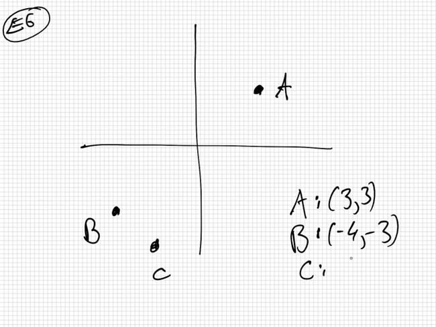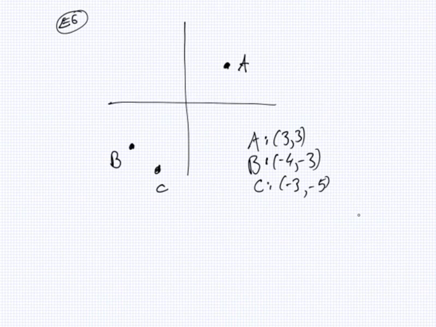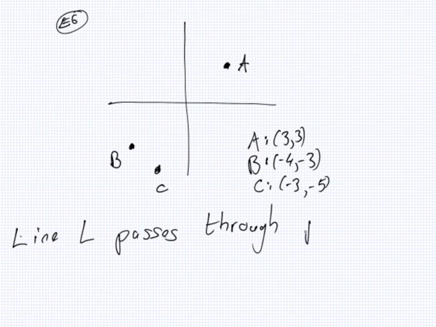Let's calculate. So, what is the M here? Here, 6. Because of this. So what's the M here? Minus 1 over 6. So this is good. We have the M. So y equals minus 1 over 6x plus c. How can I find c? Yeah.